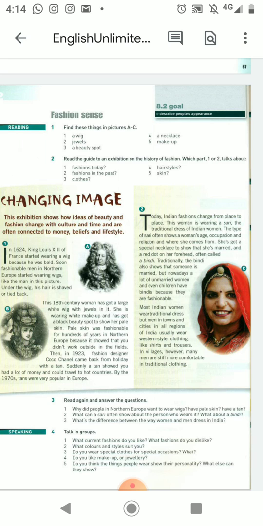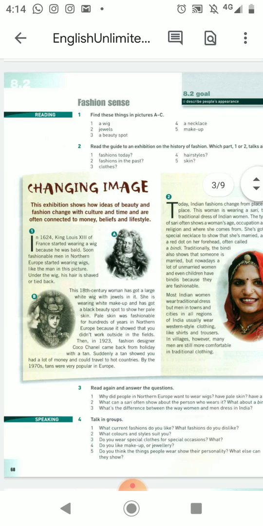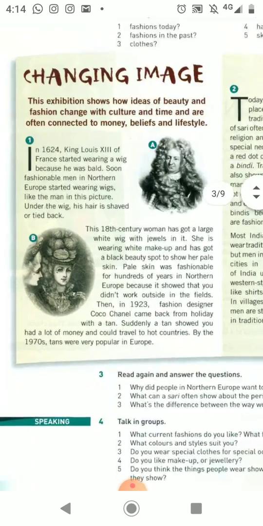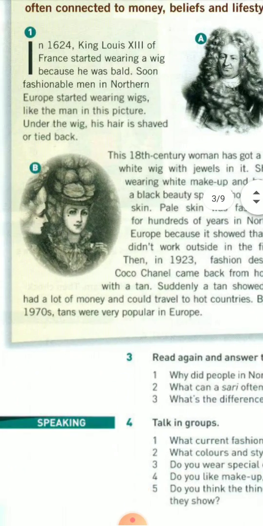Number 3, a beauty spot, is in letter B. A beauty spot, I don't know if you can see it, but it's under her right eye. And the other lady also has one under her eye and under the mouth.